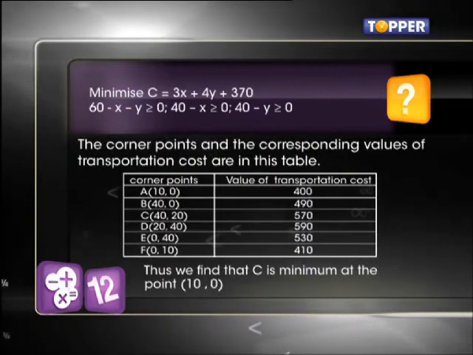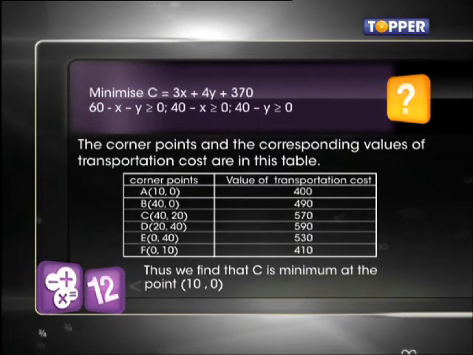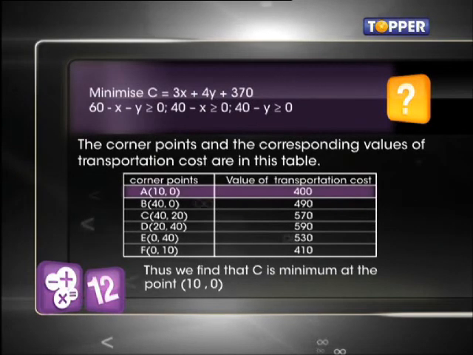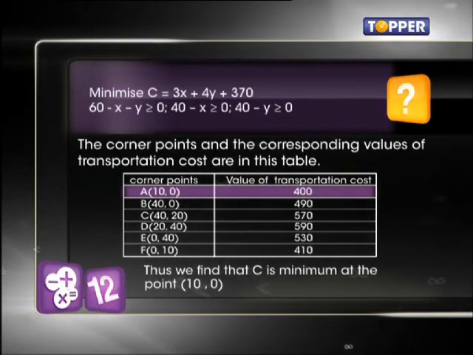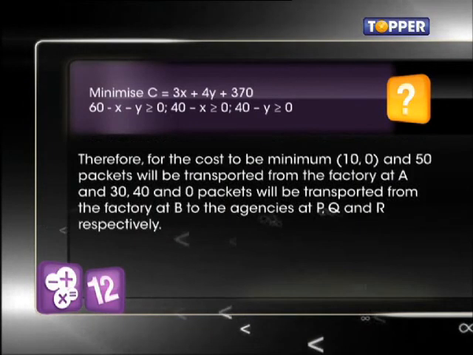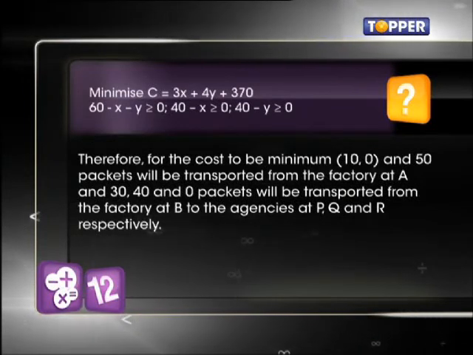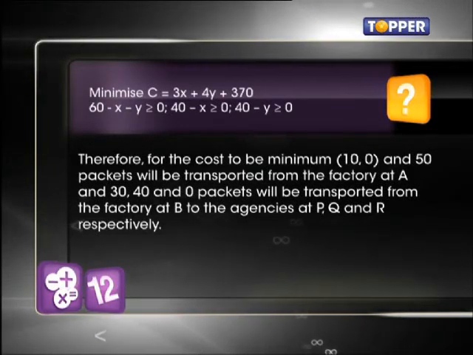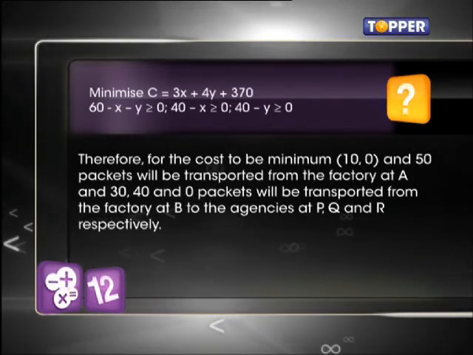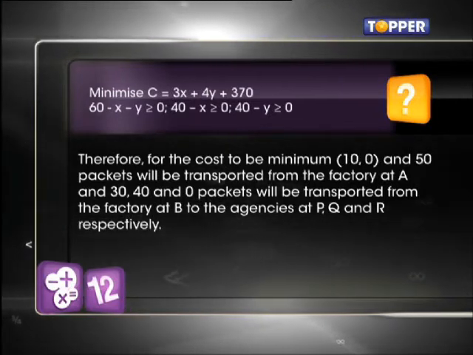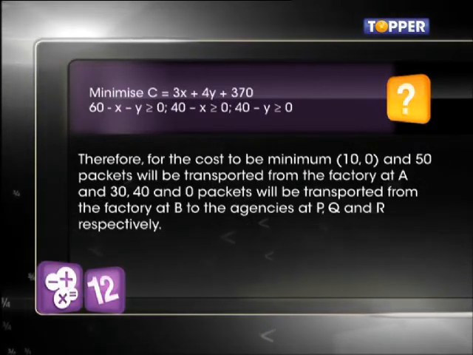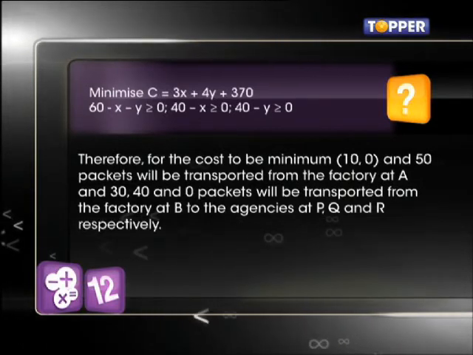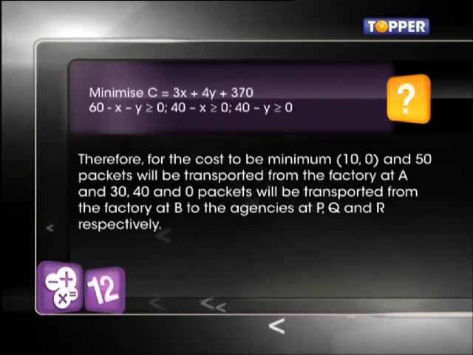The corner points and the corresponding values of transportation cost are in this table. Thus, we find that C is minimum at the point (10, 0). Therefore, for the cost to be minimum, 10, 0 and 50 packets will be transported from the factory at A, and 30, 40 and 0 packets will be transported from the factory at B to the agencies at P, Q and R respectively.